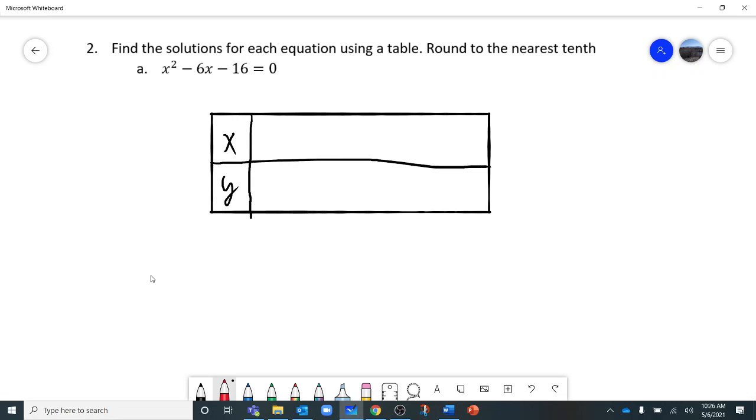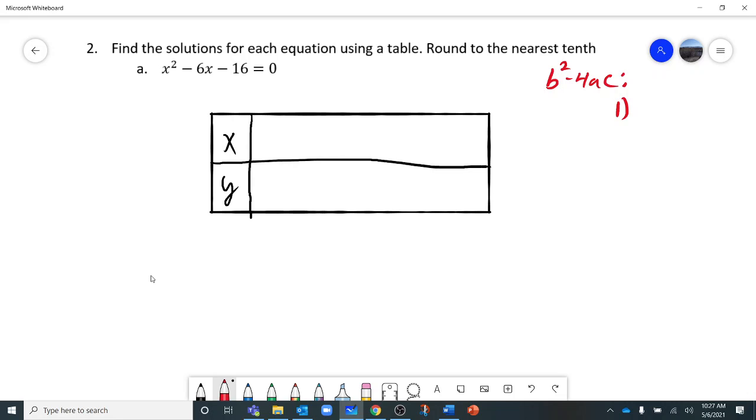So first of all, we want to know how many solutions we're looking for. In a quadratic, we can have 1, 2, or no real solutions. And the way we figure that out is we plug in b squared minus 4ac. Okay, and if b squared minus 4ac, there's 3 different cases that we could have.